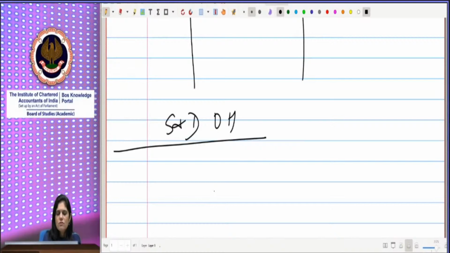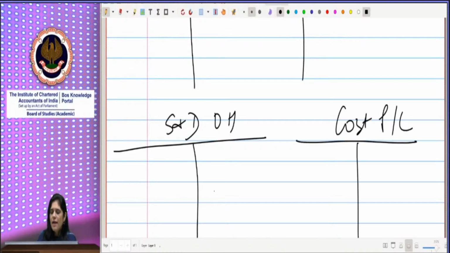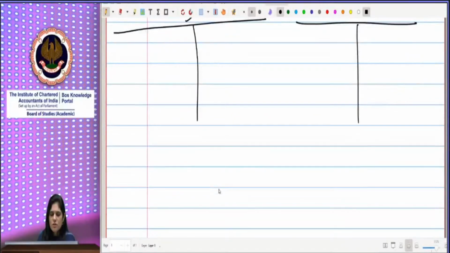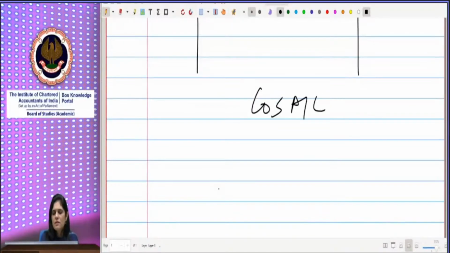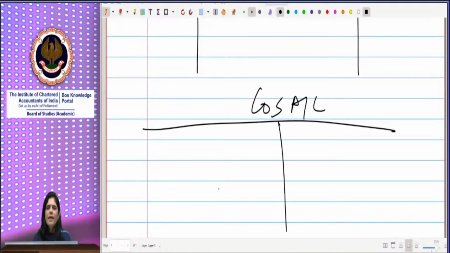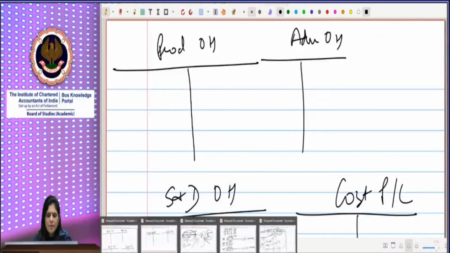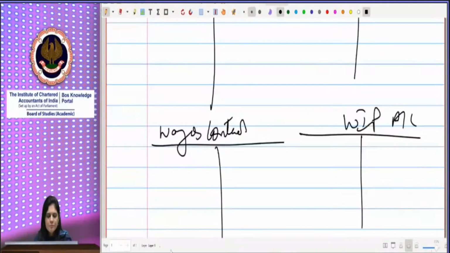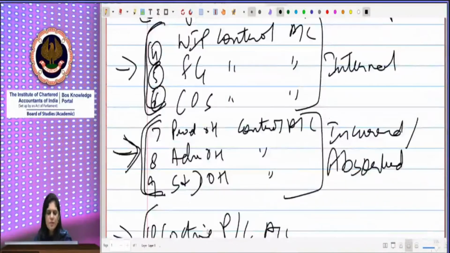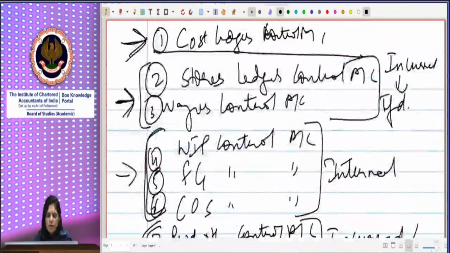So 10 accounts you have to make, and yes, the costing profit or loss account, and one more, cost of sales account. Clear? So again, this is the whole sequence. So 10 accounts we generally make when we talk about the whole sequence. Clear? So I hope you are ready with the 10 accounts.